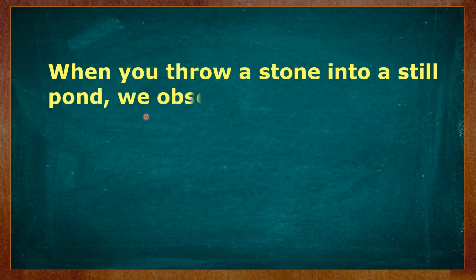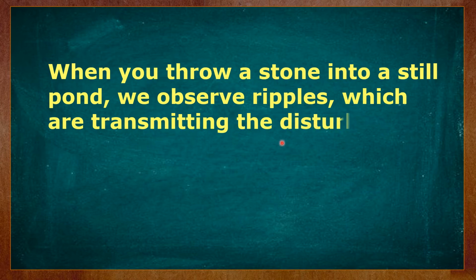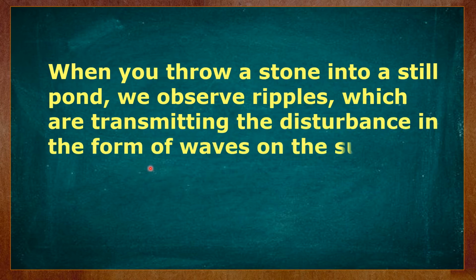See here, when you throw a stone into a still pond, we observe ripples which are transmitting the disturbance in the form of waves on the surface of water. You can see that here also.